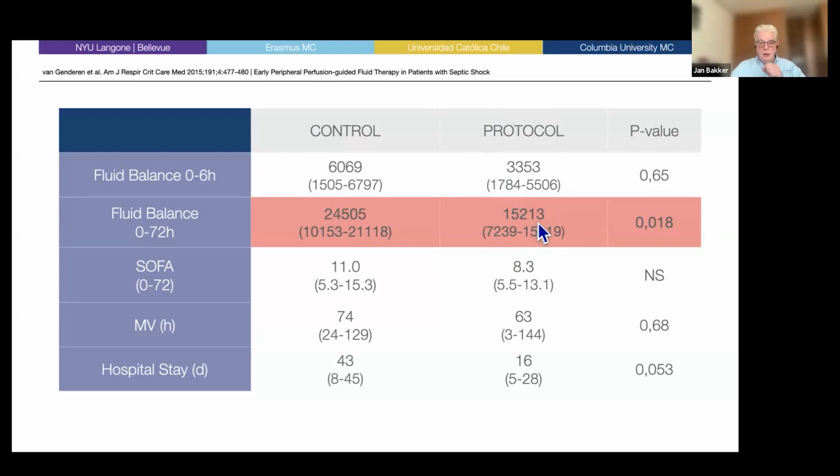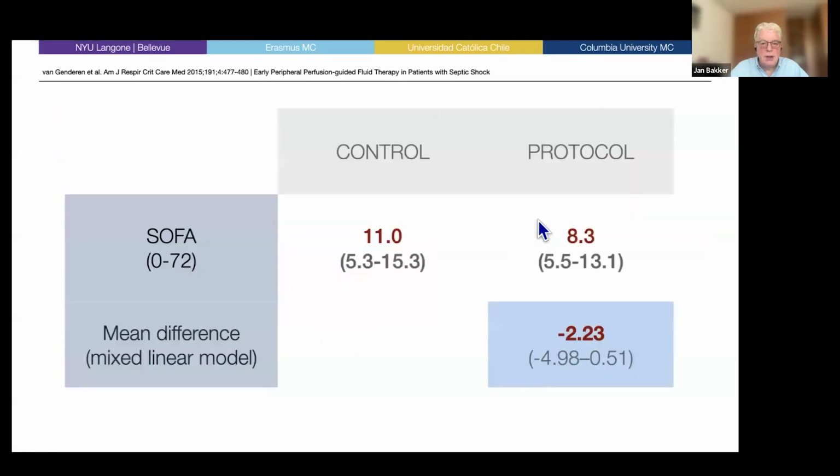And you could argue, well, a liter less of fluids, is that very relevant? Well, they also had less organ failure. And I will come back to this at the end. That, of course, makes sense as well. And so limiting your therapy, your resuscitation efforts in patients with normal peripheral perfusion is associated with less organ failure.